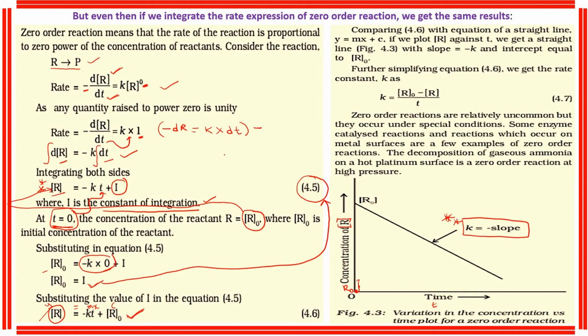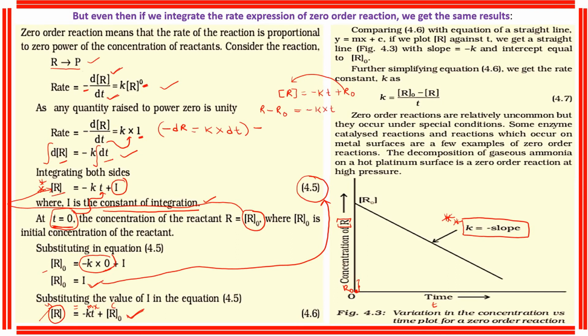After this, what will we do? Again, we'll take the 4.6 expression. What is the 4.6 expression? Concentration of R is equal to minus k into t plus R naught. This is the expression we got. Now I'm sending this R naught to the left hand side. So R minus R naught is equal to minus k into t.